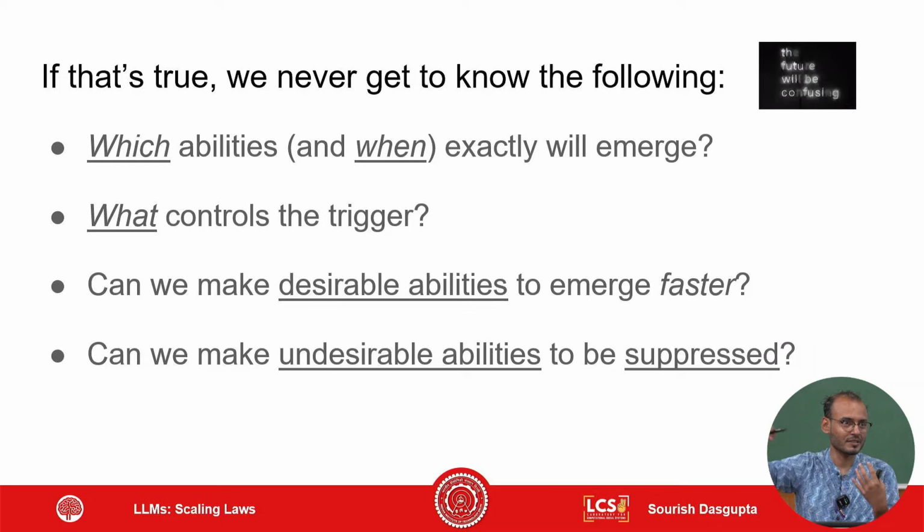Can we have ways to control that beforehand? And if it is uncertain, we can never do that. If somebody proves, mathematically or empirically in some way, that this is really uncertain, then there's no way to actually do this.